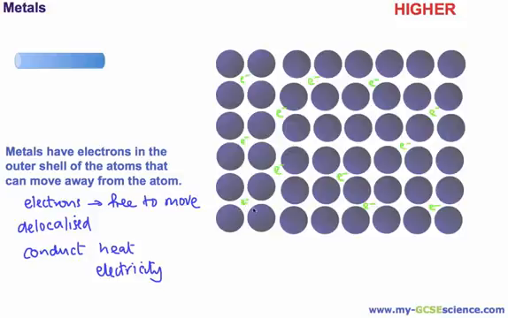So if we heat up a metal in this bottom corner here, these electrons can move much more vigorously, and they can bump into neighbors and cause those neighbors to vibrate also, therefore allowing the heat to be conducted along the material. Okay, so that's the brief outline of why metals can conduct heat so well.